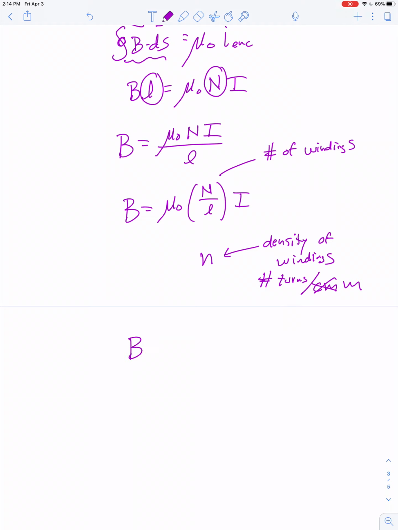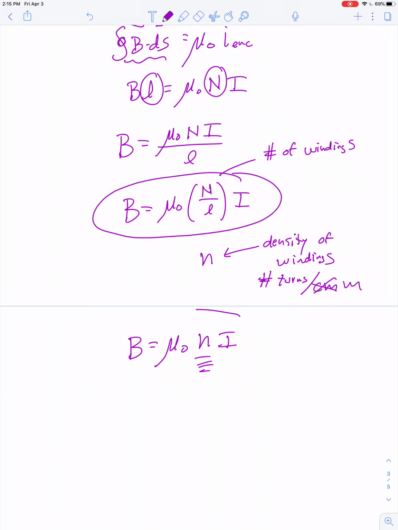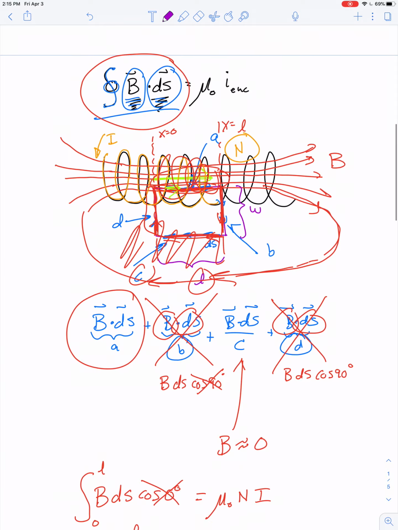So then we can say B equals mu naught times lowercase n times I. And lowercase n doesn't change regardless of the size of my Amperian loop. Whichever form of this equation you prefer, they both represent the same thing, and those are both the result that we get by applying Ampere's Law to a solenoid.